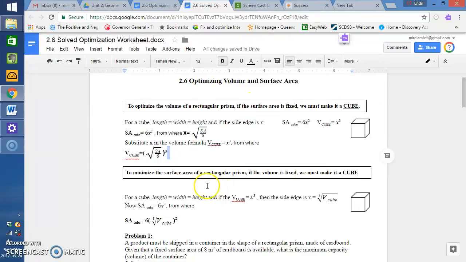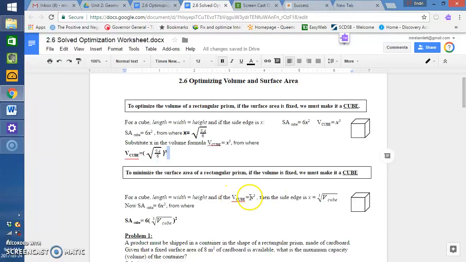The same thing will happen when we have the volume fixed and we need to figure out the least amount of surface area that we can have for that given volume. Again, we must make that rectangular prism a cube. But now the given information is the volume. So to figure out the measure of the cube, we're going to use the volume.